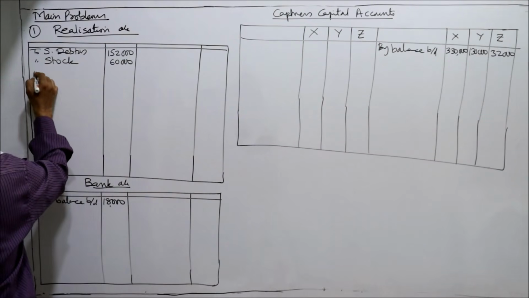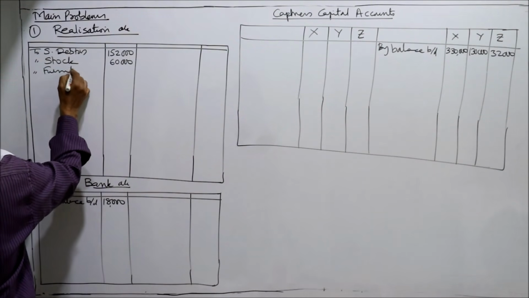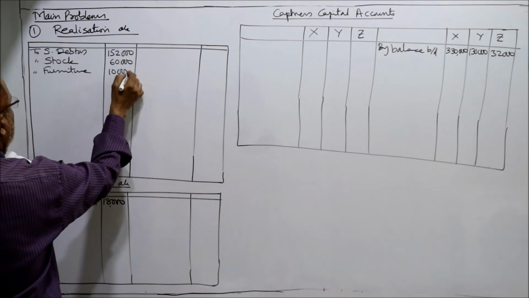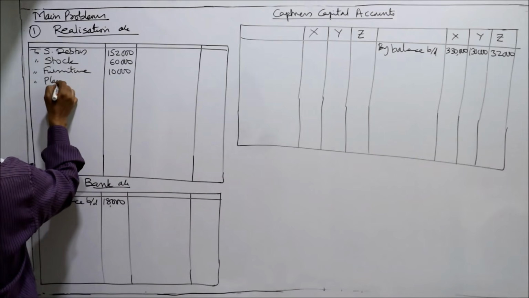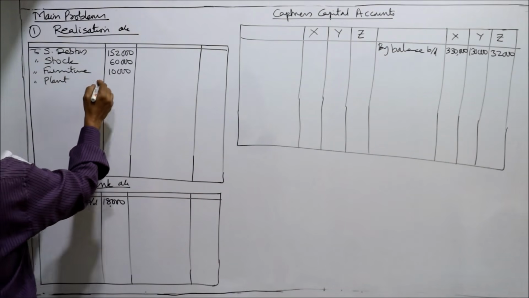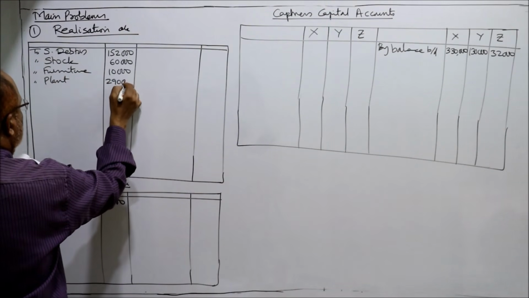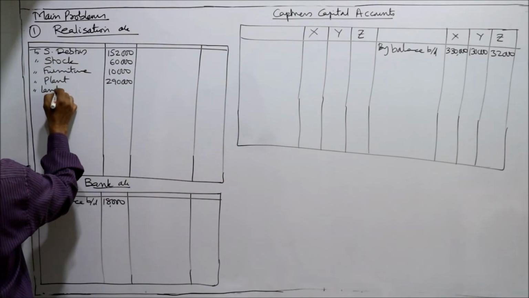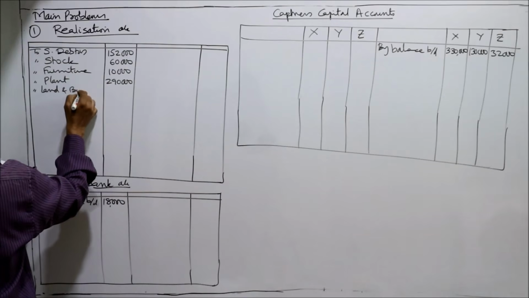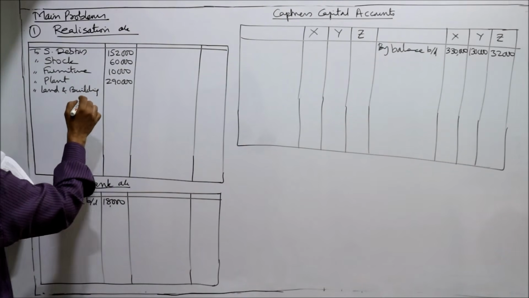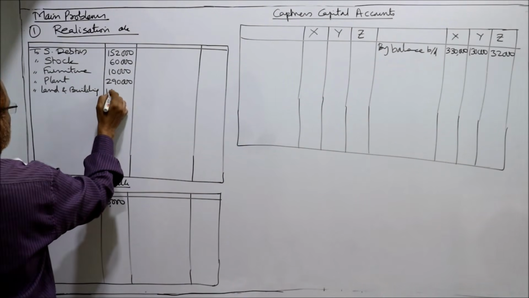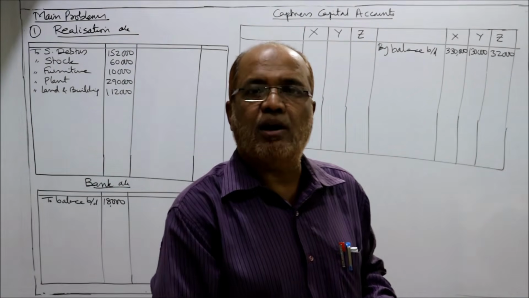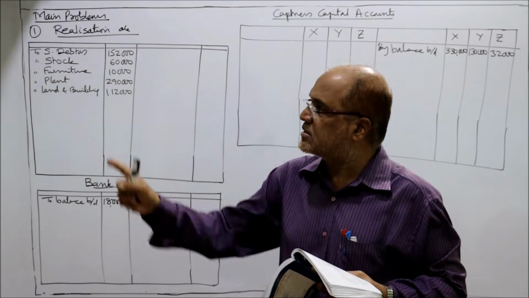Then furniture, 10,000. Then plant, 2,90,000. Next land and building, 1,12,000. First entry we have posted: realization account debit to all assets.